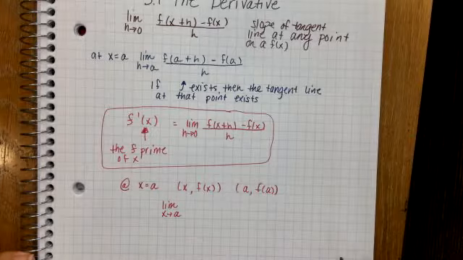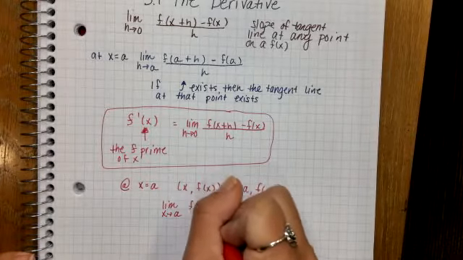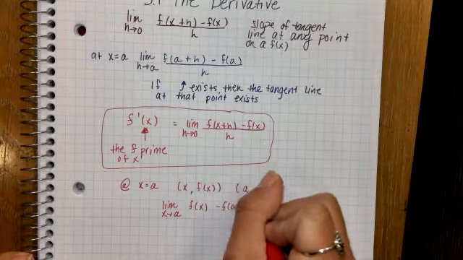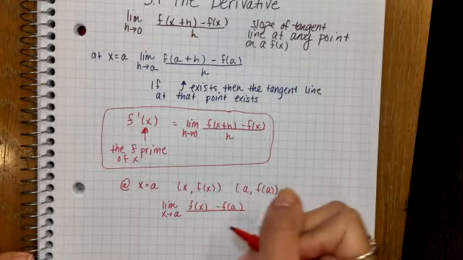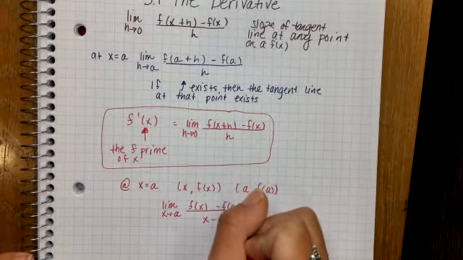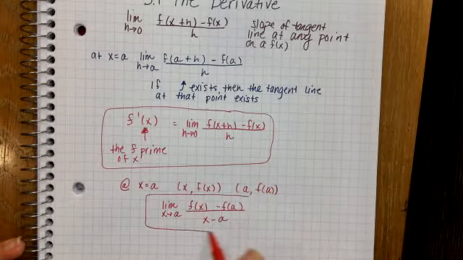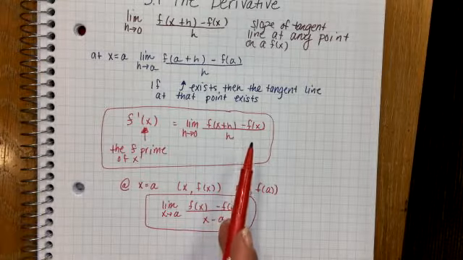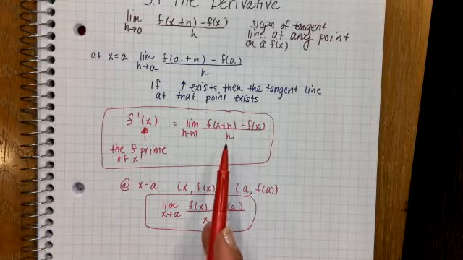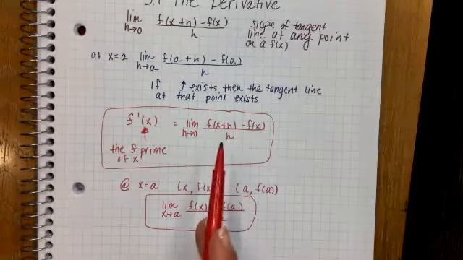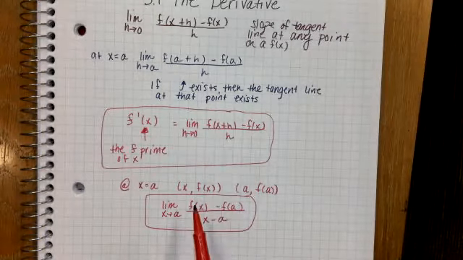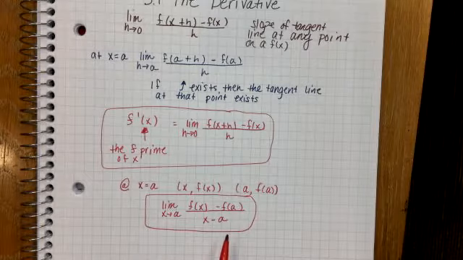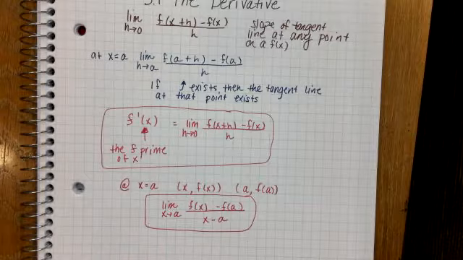How do you find slope? f of x minus f of a all over x minus a. This is another way to find the slope. So if you've got x and x plus h, and then you plug in, you end up getting only h remaining in the denominator. So instead of using x plus h, we could use a, and this is just a fancy formula for slope.